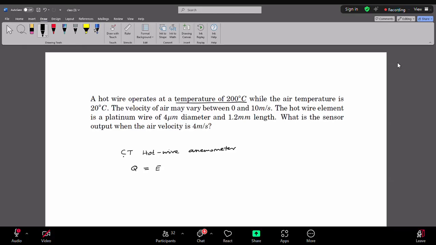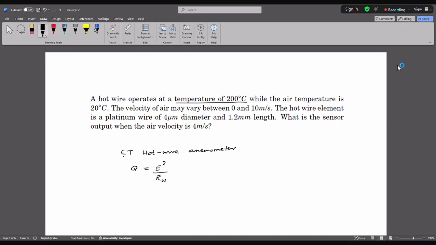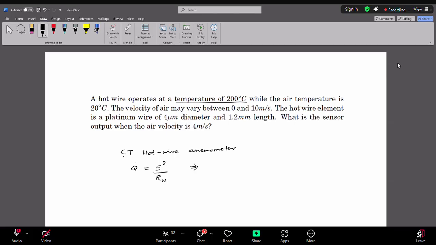E square over RW. This is something that we have studied in the class. The heat that is released from the hot wire anemometer is basically square of voltage divided by the resistance of the wire. So basically the voltage output E is going to be the square root of the heat released from the hot wire times the resistance of the wire.